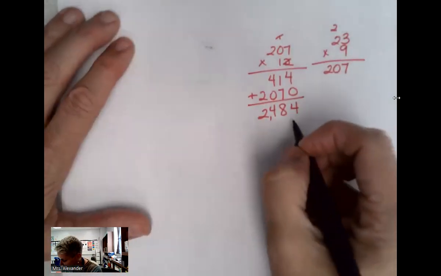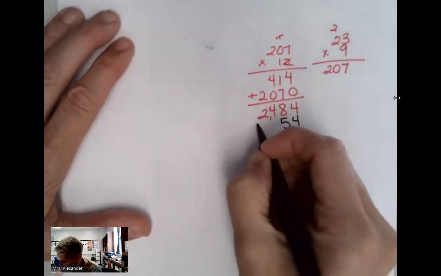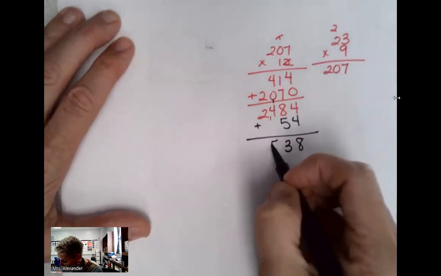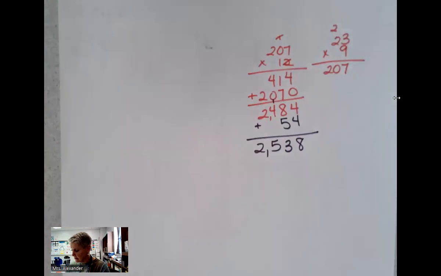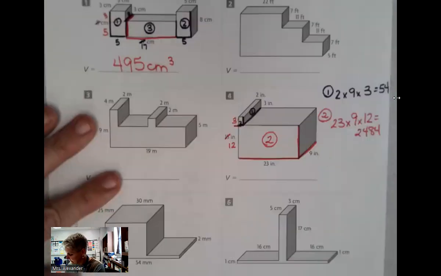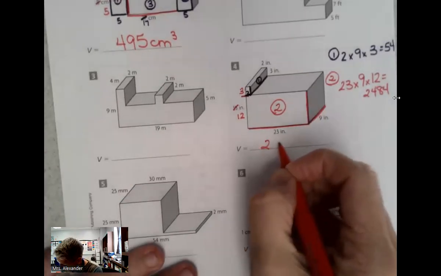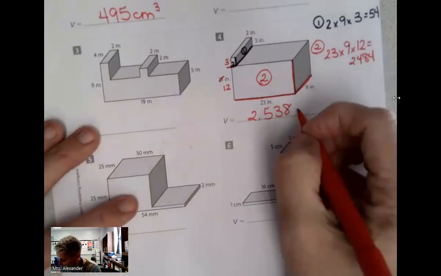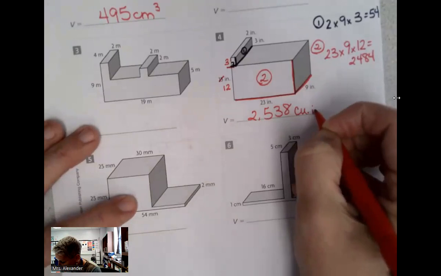I'm going to just use this right here and add that 54. And we're going to get a final total of 2,538. Is that what I just said? Yes. And we're talking about, I'm going to write it the other way, cubic inches.